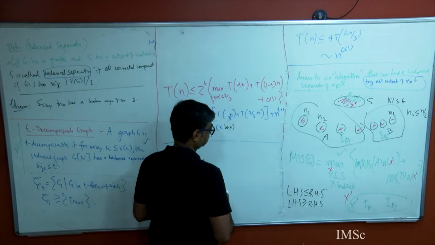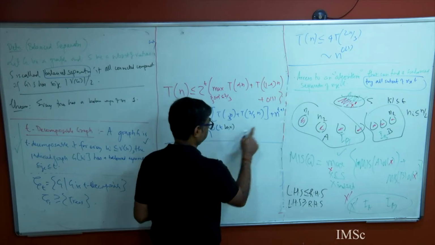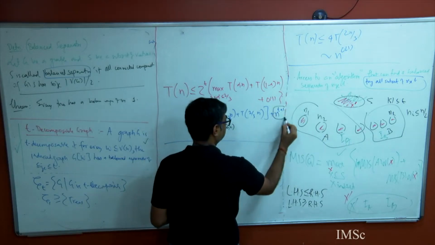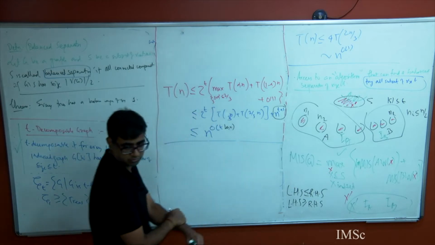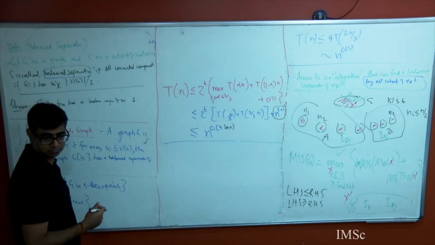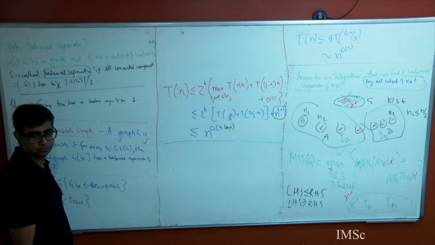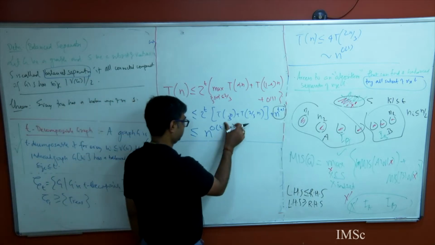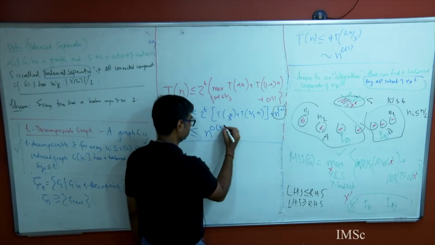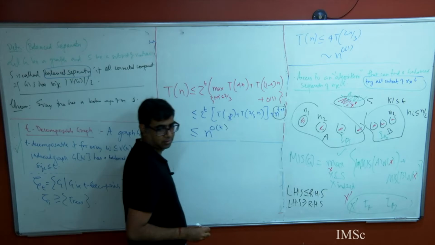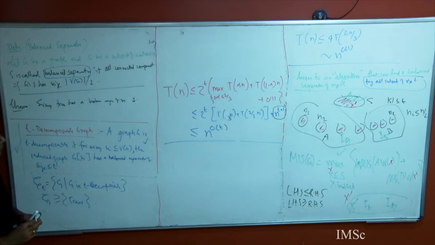Yeah, so this is why. So if I use this algorithm, then I will have this. Still fine. Anyway, it should just come out to be n to the power.